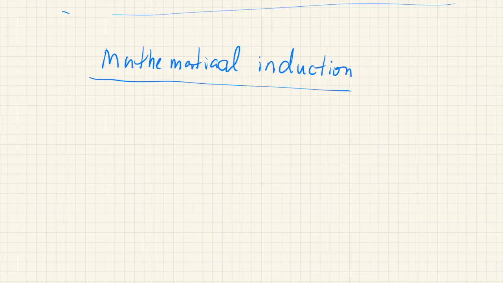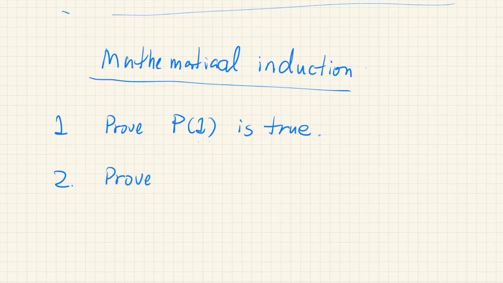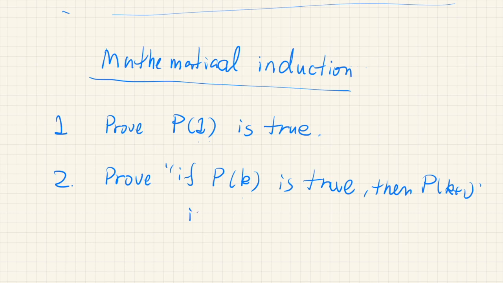So here it goes. First, we prove P of 1 is true. Okay, when n is equal to 1, the predicate is true. Okay, then second step, prove that if P of k is true, okay, assuming P of k is true for some natural number k, then P of k plus 1 is true.